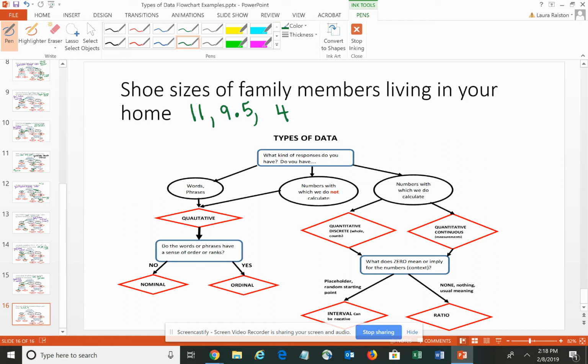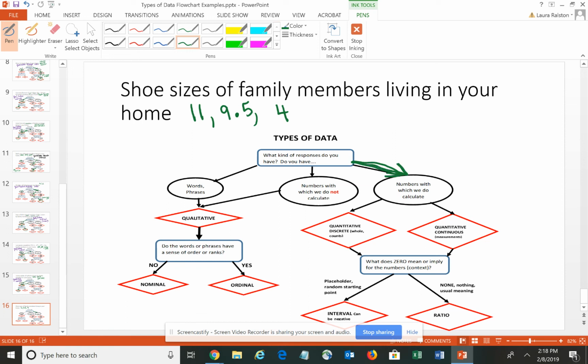Could we find the average shoe size? I suppose we could. So this is one of those that could be kind of tricky, because you could go either way. It might just be a label and we don't calculate with it, but then we could find an average shoe size. So if you're thinking about finding that average shoe size, it is numbers that you can calculate with.